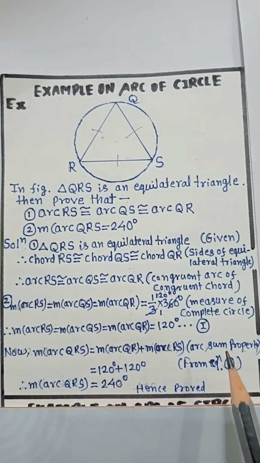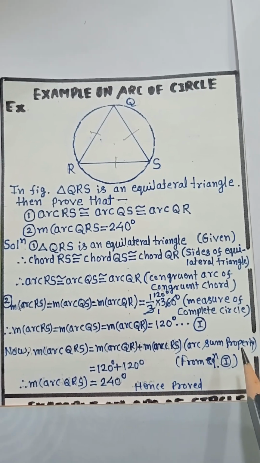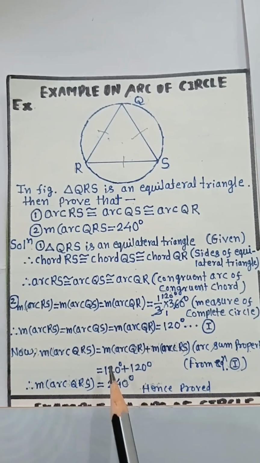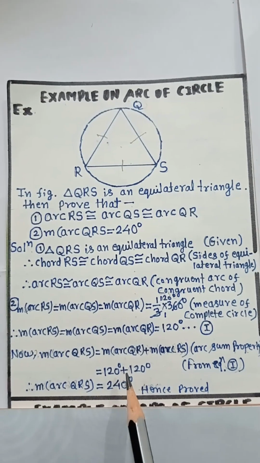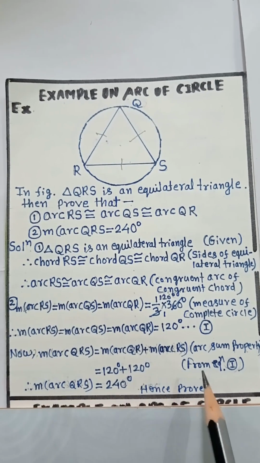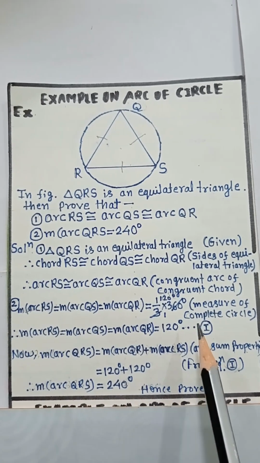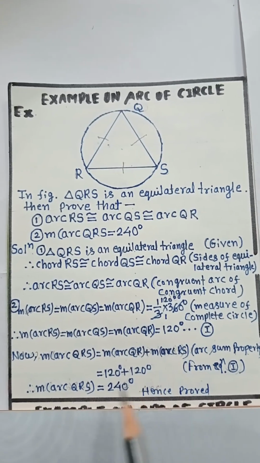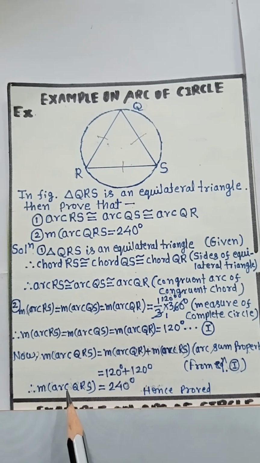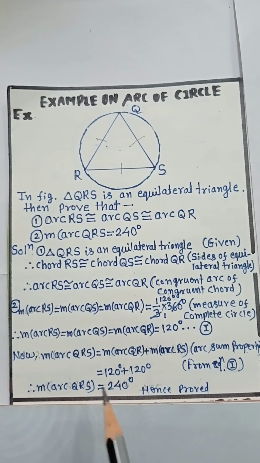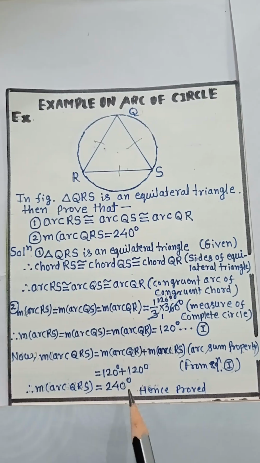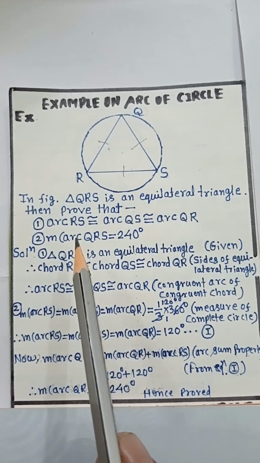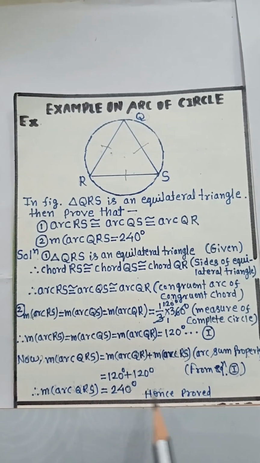Reason is arc sum property. It is equal to 120 degree plus 120 degree. Reason is from equation first. Therefore, measure arc QRS is equal to, here is addition, 240 degree. Second is also proved, hence proved.